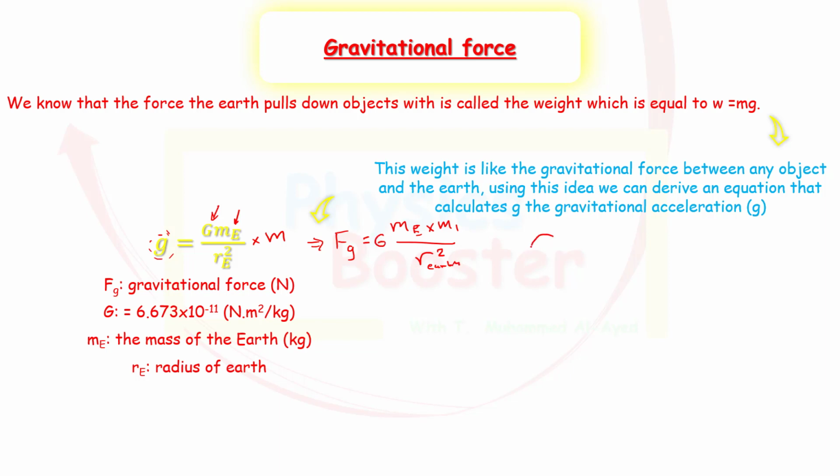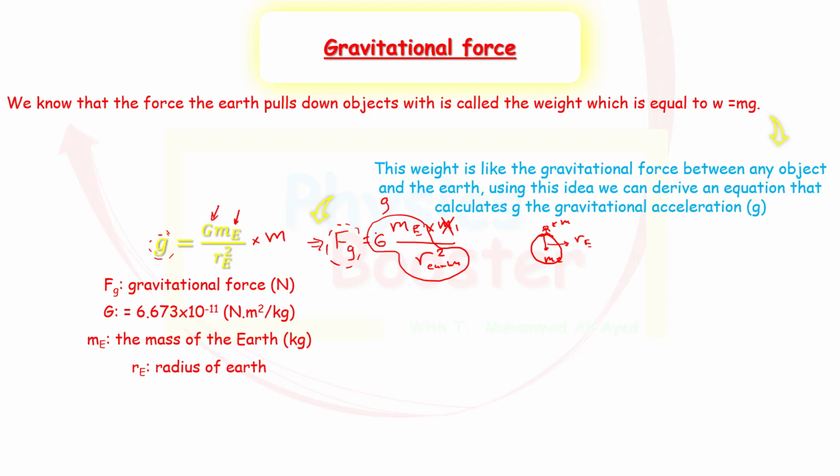For example, if this is Earth and a human being is on the surface of Earth, the force between him and the center of Earth, we can say this is the radius of Earth, and we have the mass of Earth, and the mass of the object or the man. It's just simply using this equation again. What we did is we took this factor out and transformed it into a certain number and called it g. Why did we transform it into a constant number?